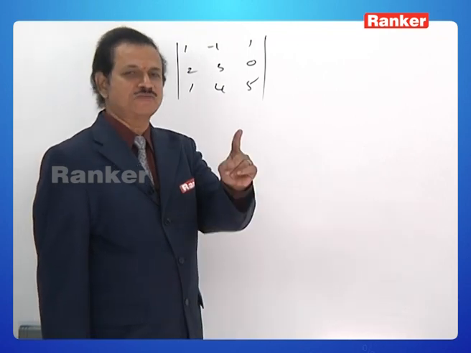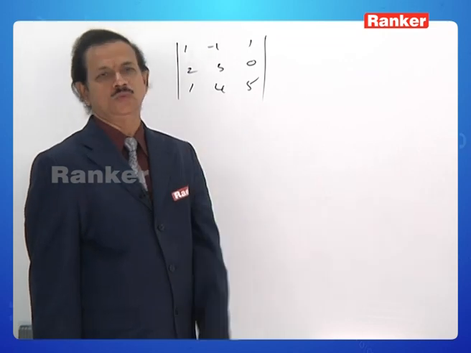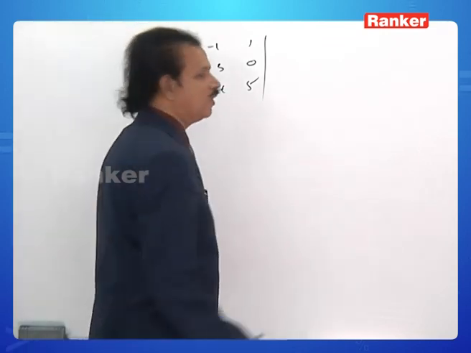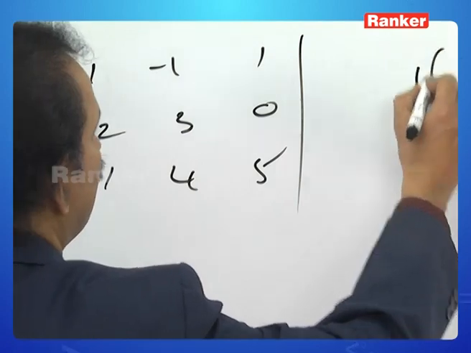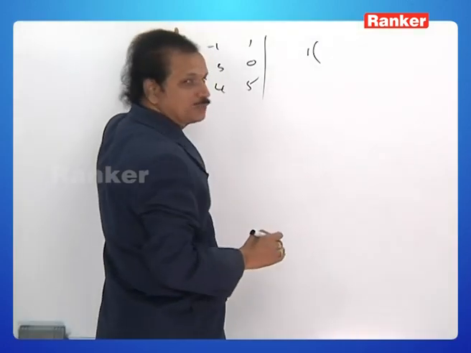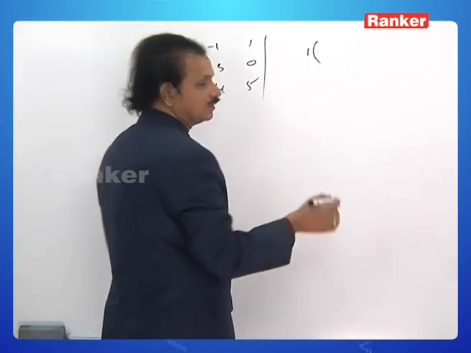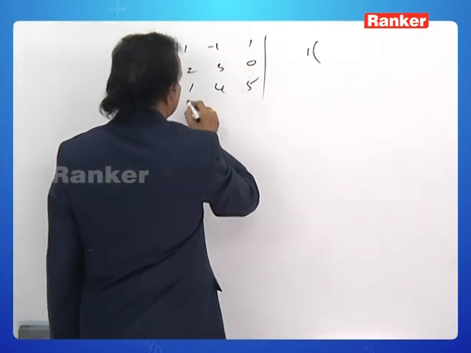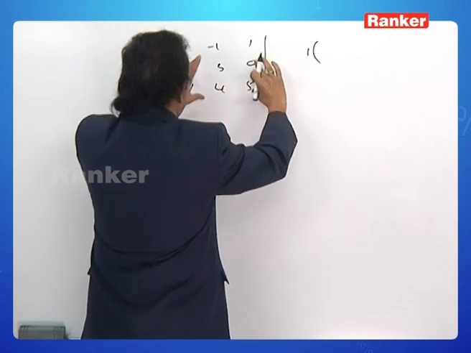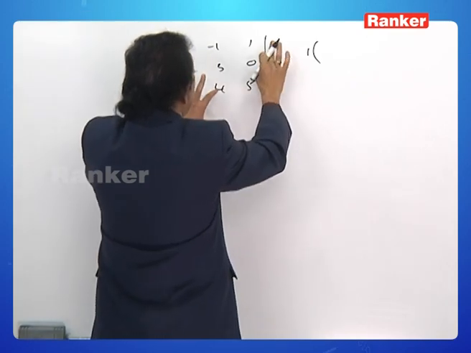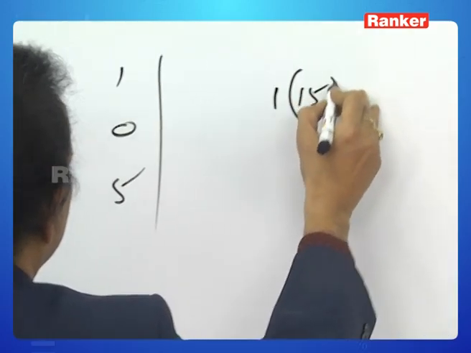It is just enough to have the cofactors of one particular row. Let me consider the first row. 1 into its cofactor. First row, first place, so positive. Minus 1 whole power 1 plus 1. You delete the first row and first column. 3, 0, 4, 5. What is this determinant? 15 minus 0 is 15.